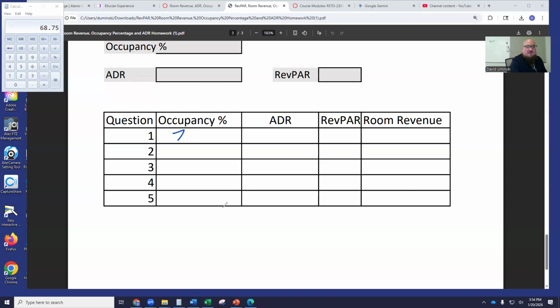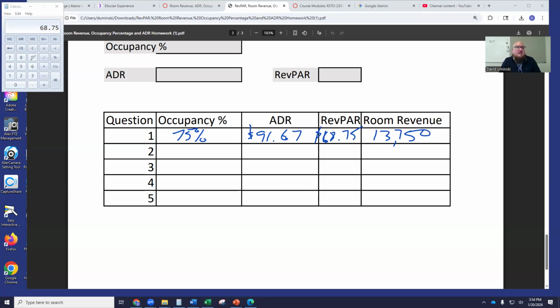My occupancy was 75%. My ADR was $91.67. My RevPAR was $68.75. And my room revenue was 13,750. So if you do that for each of these problems, then when you go to answer your quiz, you can just go straight across and answer the questions as you go.